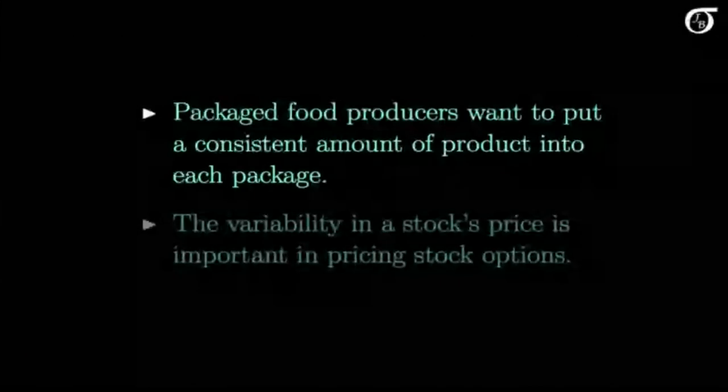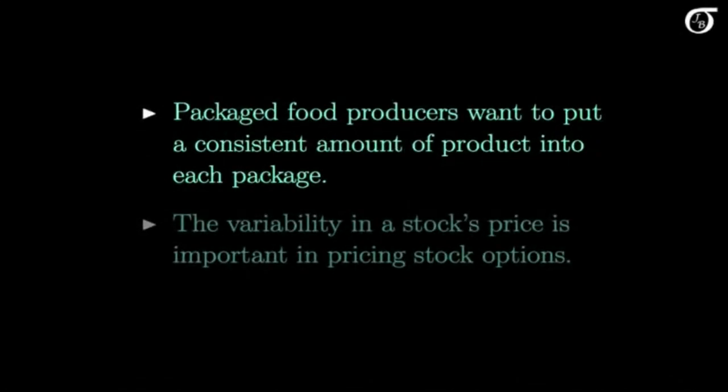Okay. As I said, chapter 3 is basically the most important because everything else comes from measuring the mean. All right. The variability or dispersion of a variable is often important in practical situations. For example, packaged food producers want to put a consistent amount of product into each package.